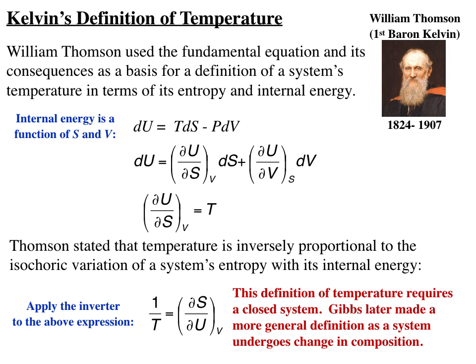Now, by comparing the top and bottom equation, I see directly that a definition of temperature can be found from dU dS at fixed V. Now, it turns out that for reasons that I'm not 100% clear on, Thomson actually defined the inverse of temperature, 1 over T. And so he just simply took that expression and applied the inverter to that expression and said that that should be dS dU at fixed V for 1 over T.